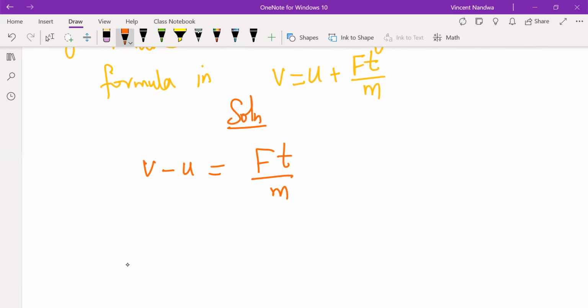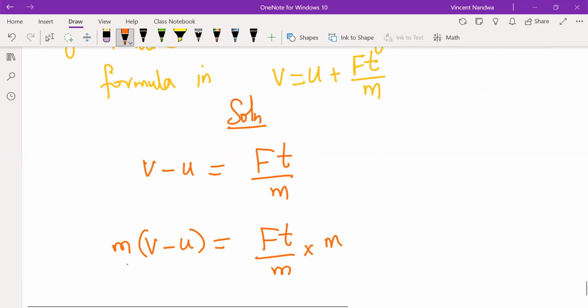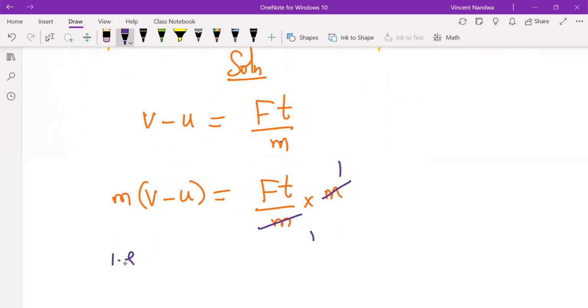So next, multiply through by m, so that we have v minus u times m equals to ft over m times m. So this and this cancels out. So i.e. ft equals to m into v minus u.